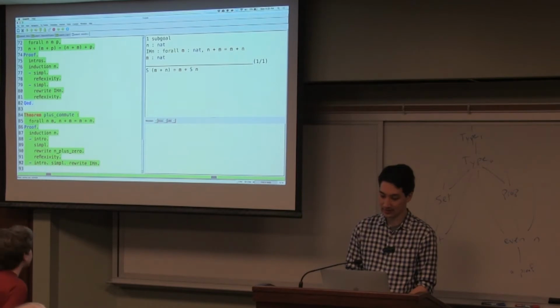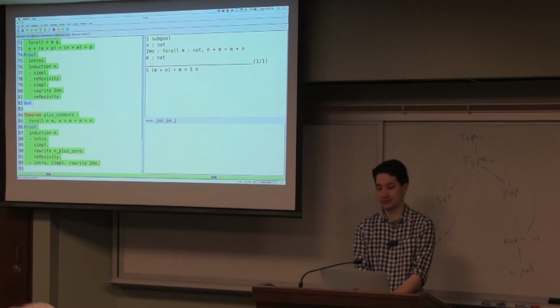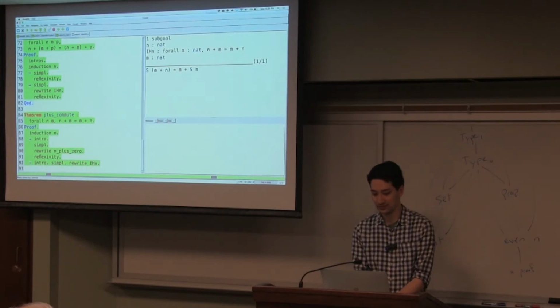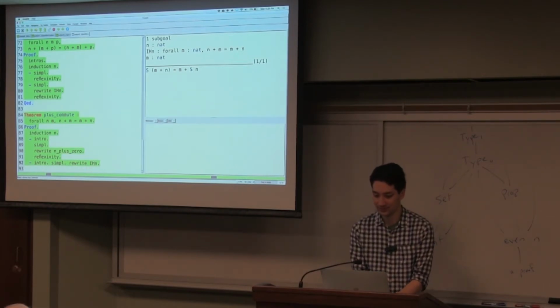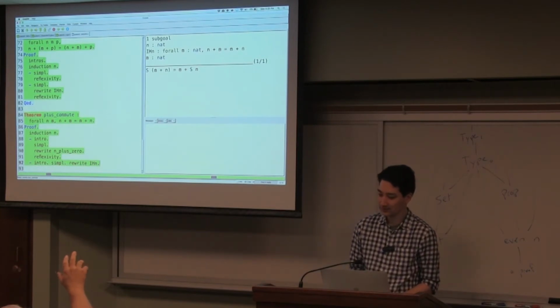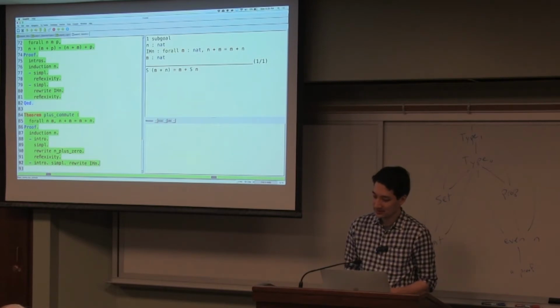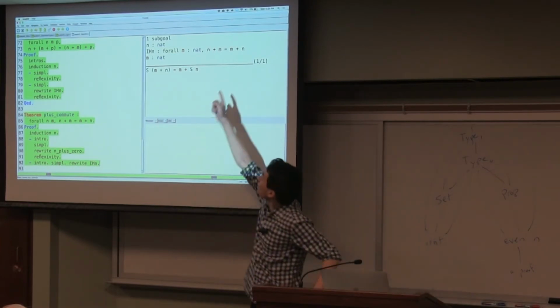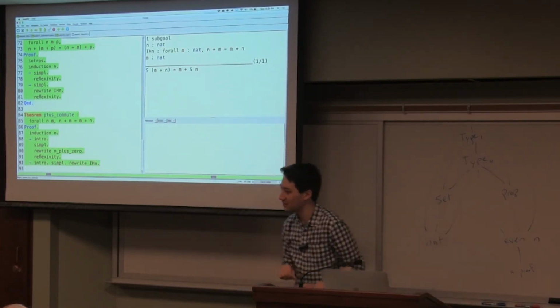And then rewrite IHn is the same as commutative. But you can only assume that in a limited sense. So I can pick whatever m I want here, but I cannot pick n. That's the problem.